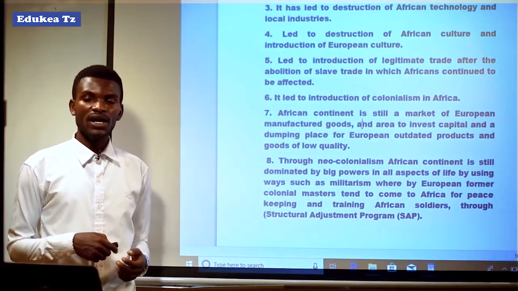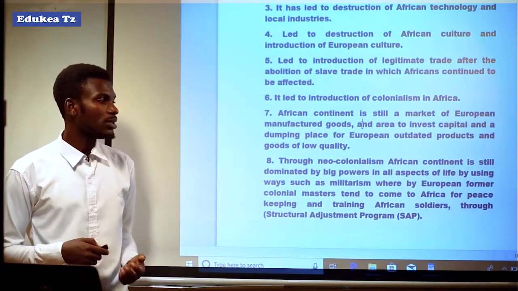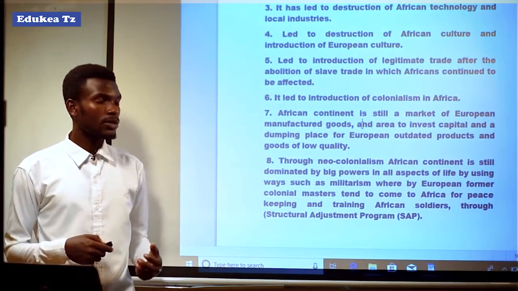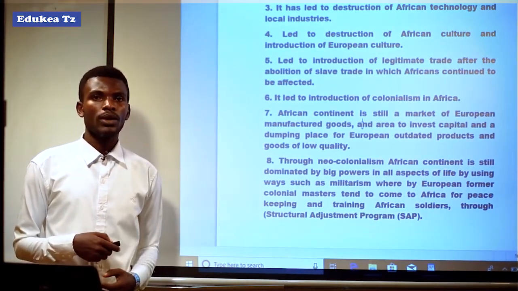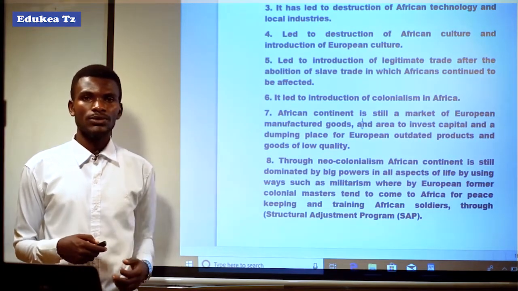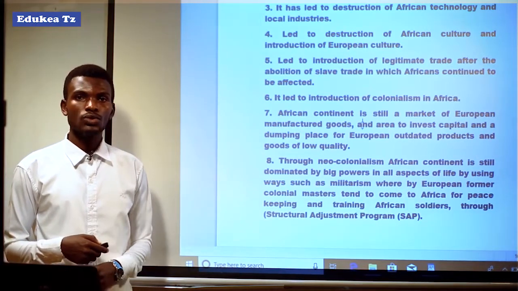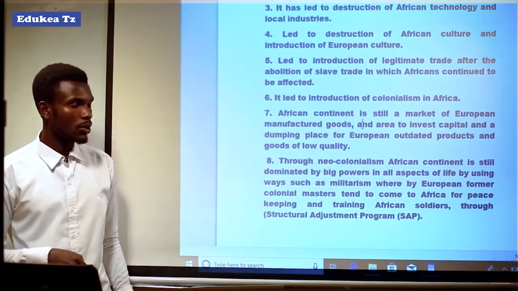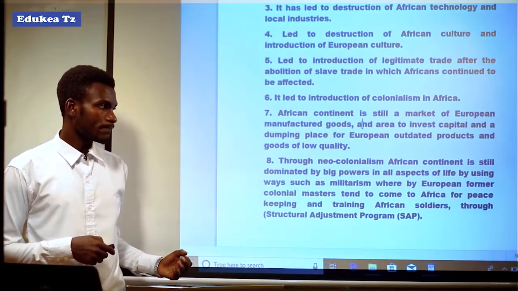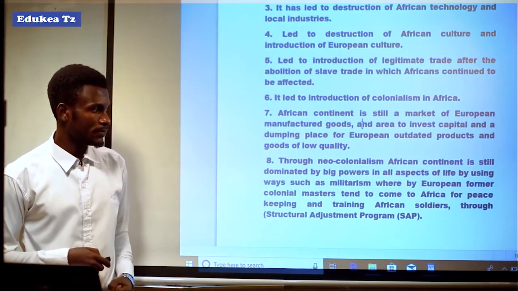The culture of African countries has been destroyed and replaced by European culture, whereby Africans have started to adapt and imitate European culture and to discard their local or traditional culture. So that was the impact or the result of neo-colonialism.